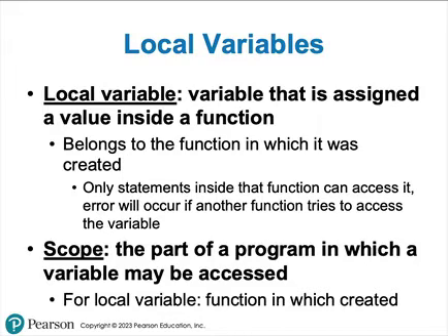Global variables exist for your entire program, which means any part of the program can access those global variables. As far as the local variables that are local to a function, only code within that function can access that variable. So the scope is what part of the program can see or access a variable.